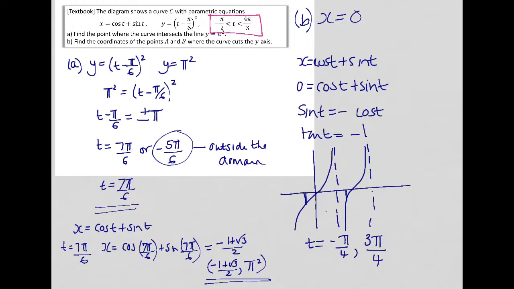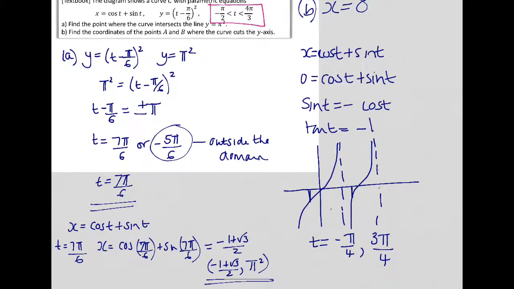Well, negative pi over 4, yes, that's closer to 0 than negative pi over 2. So yes, that's going to be in the domain. And 3 pi over 4, well, that's definitely more than that. So both of those are definitely going to be within our domain, and we can use both of those therefore.